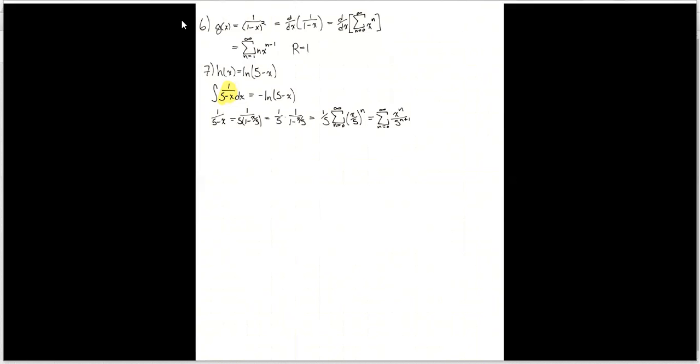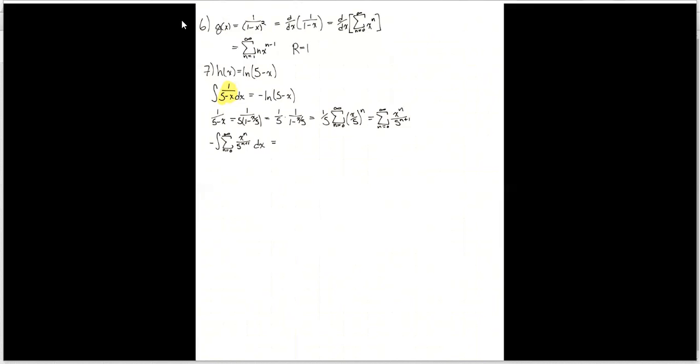So remember, we also have this negative here. Okay? So if I take negative times the integral of this power series, I should be able to get the power series for h of x.